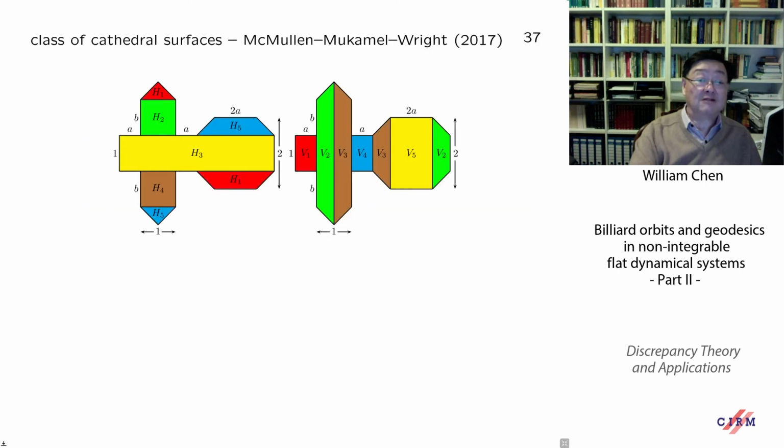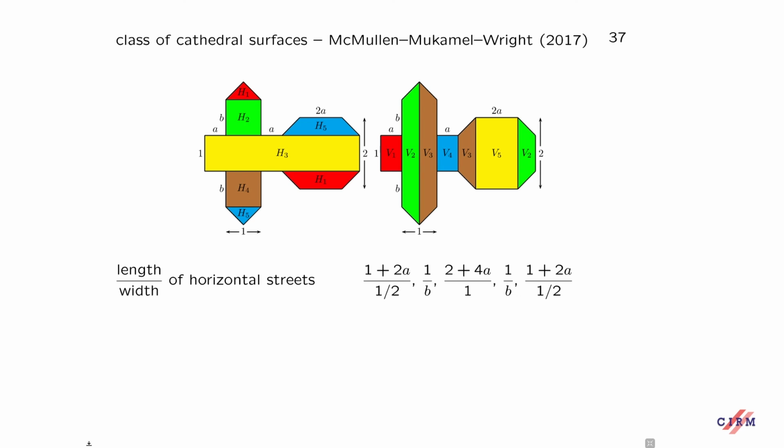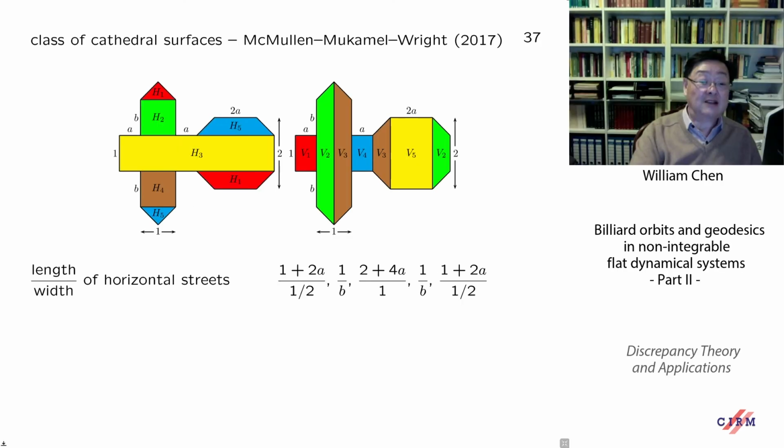A very interesting one is the class of cathedral surfaces that were discovered by McMullen, McMullen, and Wright 3 years ago. Each of those consists of 5 horizontal streets and 5 vertical streets. Now let's look at the ratio of the length over the width of these horizontal streets. We can calculate the ratios that are given on the right.